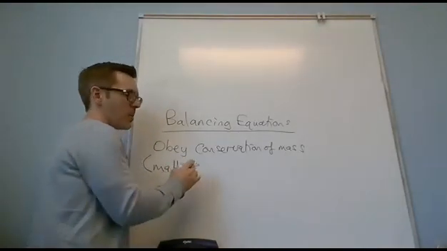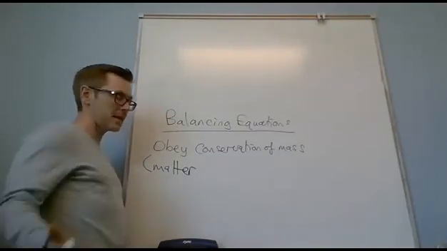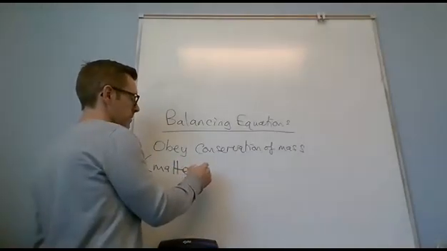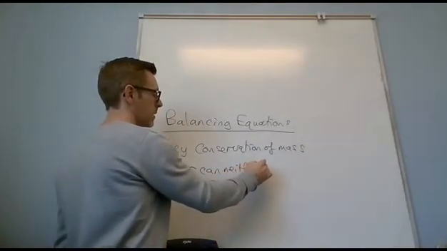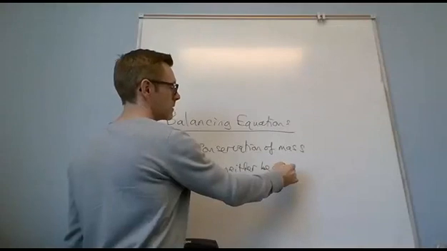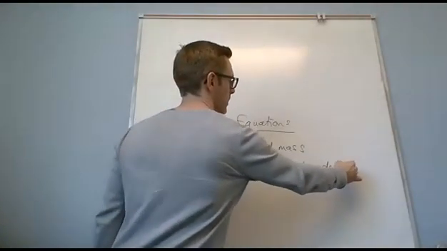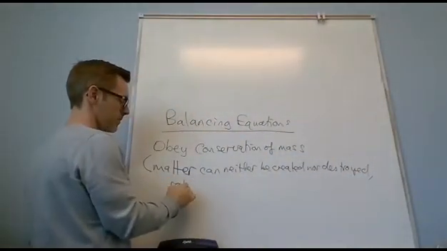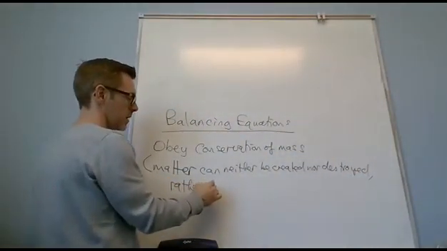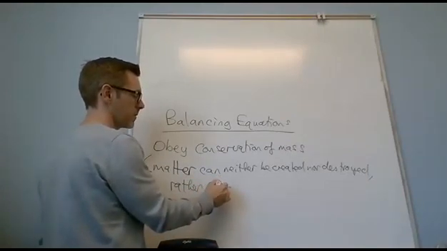Although matter and mass are not the same thing, we can use them interchangeably because matter has mass. So matter can neither be created nor destroyed, but rather converted between forms.